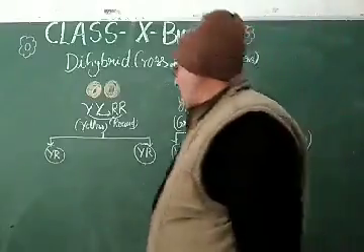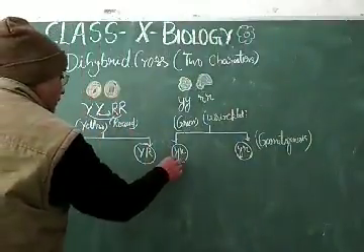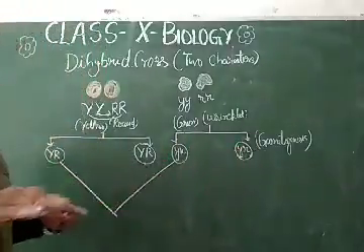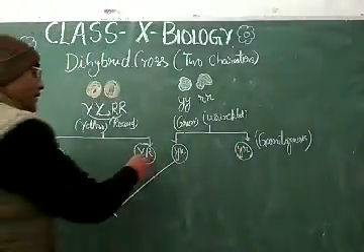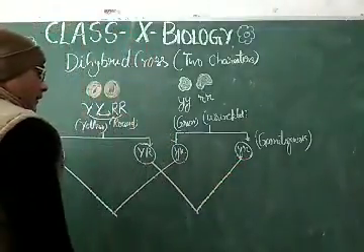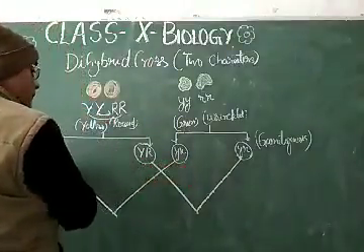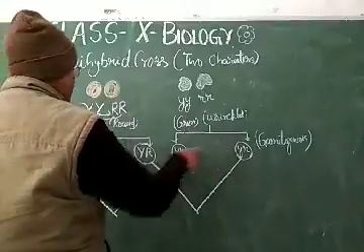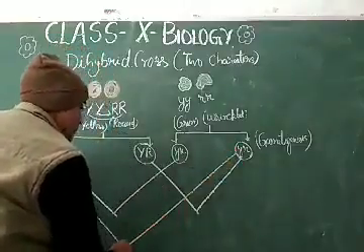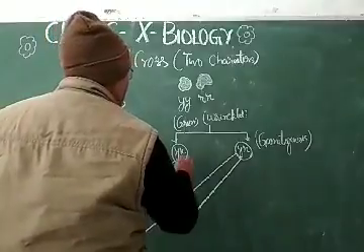So dear students, what happened? See, it will combine with this. They are independent to combine to any gamete, and you are looking here that this may combine with this, and this again may combine with this, and this one may combine with this.